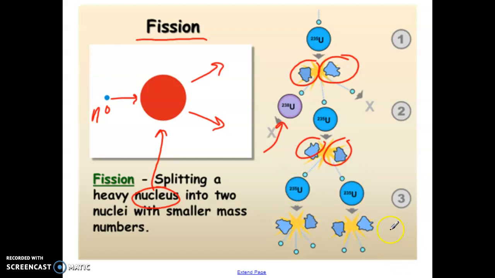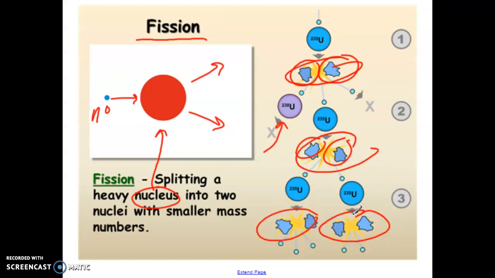Now, when this splitting occurs, a ton of energy is released. This is a huge amount of energy that can be harnessed for things such as nuclear energy, right? Like at a nuclear power plant, you'd have a facility where this would be occurring.